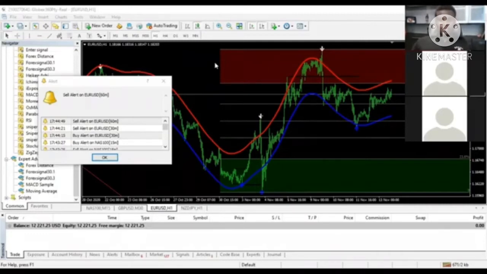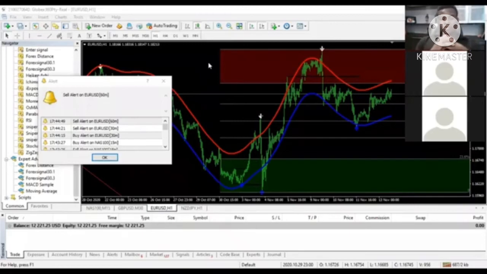It will tell you whether to buy or to sell. It will also analyze support and resistance zones for you, and will display supply zone in red and demand zone in green. It will also give you arrow signals for entry, as well as the forex distance, for you to be able to identify the trend and see if you're still in a downward trend or an upward trend, as seen on the screen.